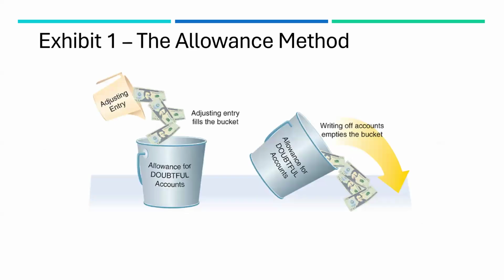So at the end of the year, we're accruing for allowance, increasing our allowance, and then throughout the year, we're decreasing our allowance as accounts are written off, and they're written off when they're determined worthless. So let's say that we have an account that we think we're going to collect 50% of. We'd accrue for that. We'd take that into account when we're creating our allowance, but it's not actually written off until it's determined worthless.